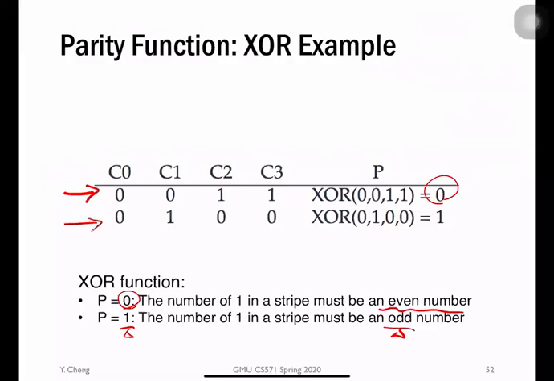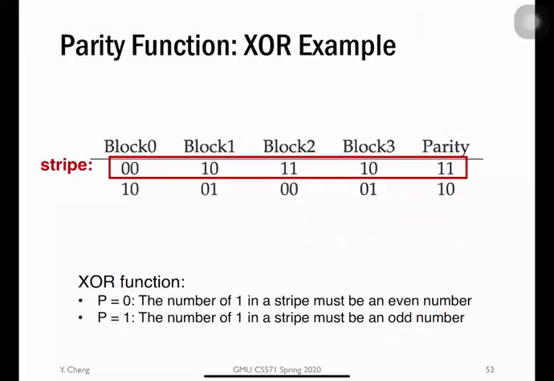So the result of exclusive OR is 0. If you take a look at the second stripe, the total number of ones is an odd number, right? So as a result, the XOR result is 1, okay? So in this case, let's put it into the context of a RAID-4 configuration. Each block in this case can represent 2 bits, right? 2 digits, okay?